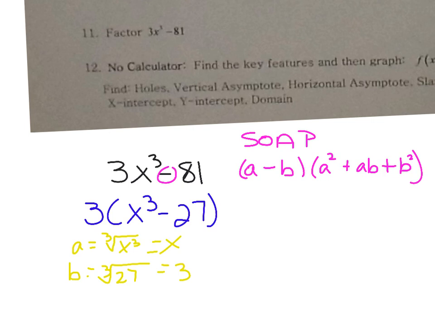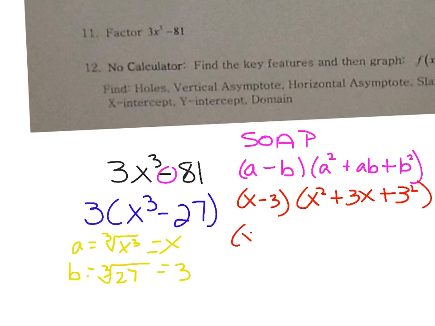All right, so now I'm just going to plug everything in. So it's x minus 3 times x squared plus 3x plus 3 squared. Make sure you change that to 9. So it's x minus 3 times x squared plus 3x plus 9.